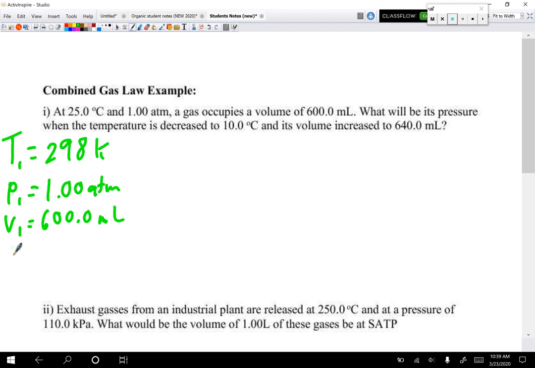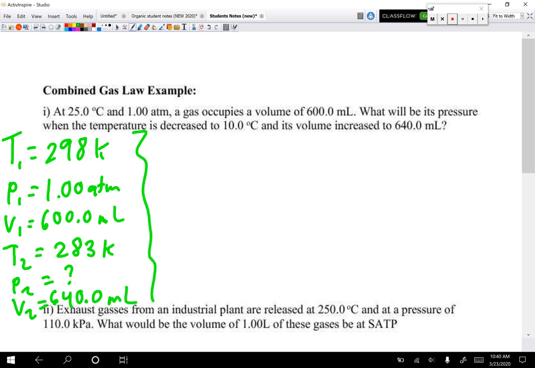We have T2 is equal to 10 degrees Celsius, or 283 Kelvin. We have P2 is equal to, we don't know, and V2 is equal to 640.0 milliliters. All right, that is everything we have. And of course, once we go from here, we have our equation.